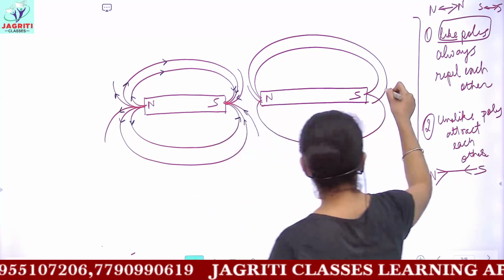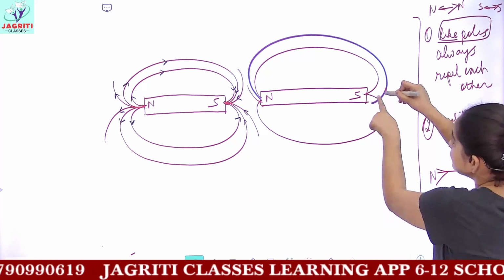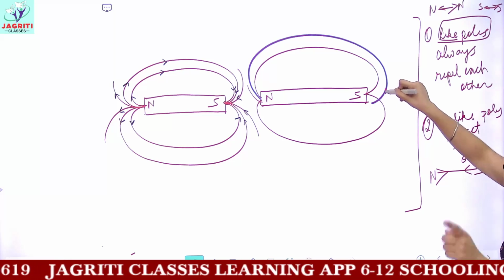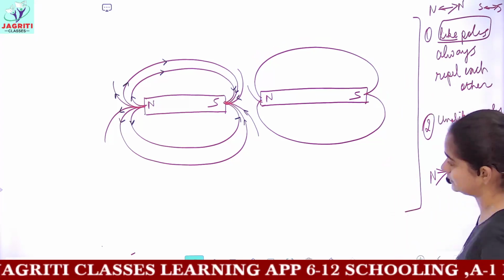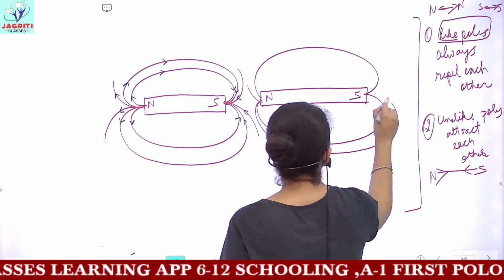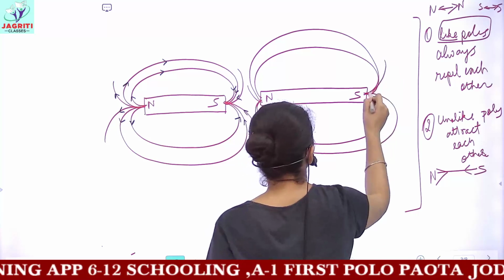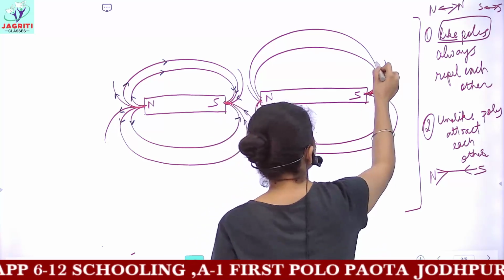Please make sure, see why I am erasing this magnetic field line, because I have intersected them. So please take care not to intersect two lines, because we know magnetic field lines never intersect each other. So we are drawing the magnetic field lines from the North Pole to the South Pole. Just please do not intersect them.